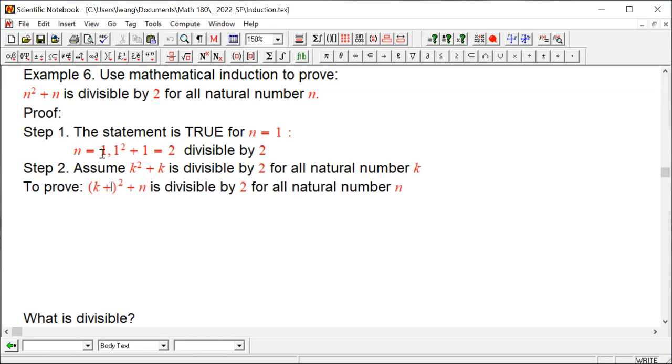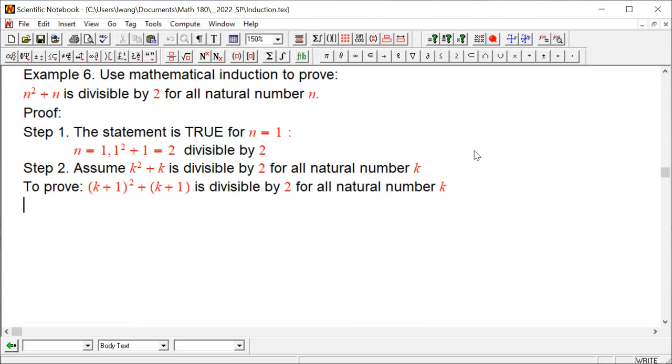So everywhere n becomes k plus 1, it is divisible by 2, as it is for k as well. So that's the structure. You can see it's slightly different from what we did, but the nature, we're still using the math induction method. So we're going to prove this is divisible by 2.